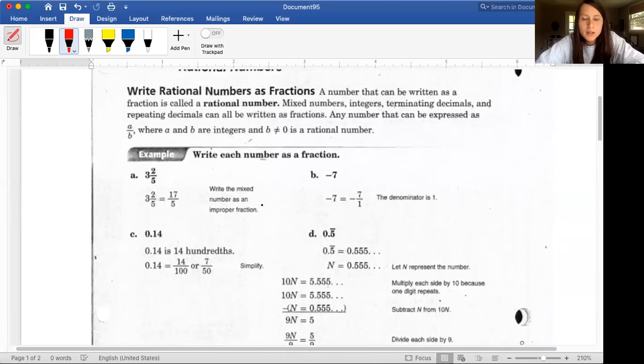So what we're going to take a look at now is making sure we can turn our rational numbers into fractions. There are times when you see one that's already a fraction, but for this practice, we're just going to turn all our fractions into improper fractions, which means there are no mixed numbers.